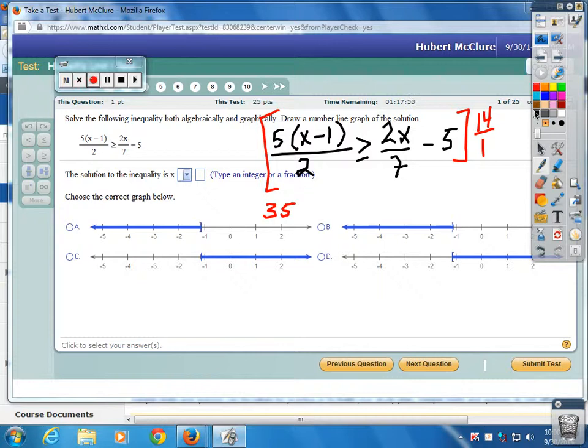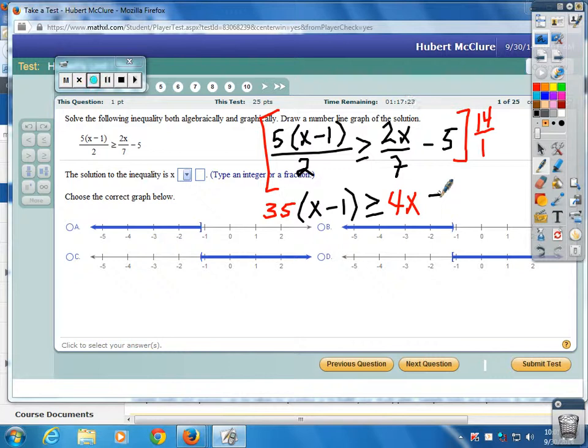35 times x minus 1 greater than or equal to. And what's 14 divided by 7? 2 times 2x is 4x. And 14 times 5 is 60?